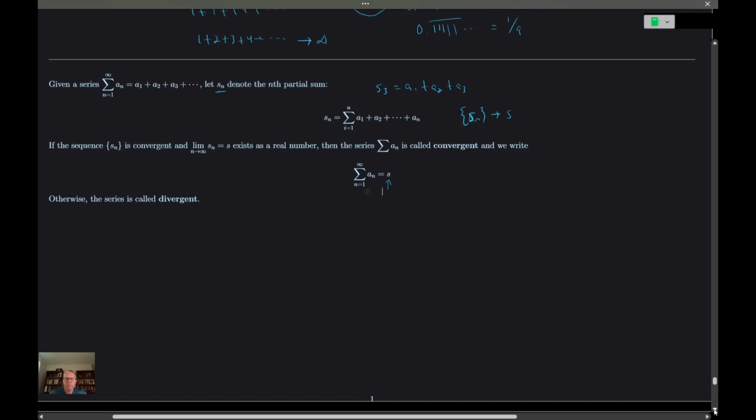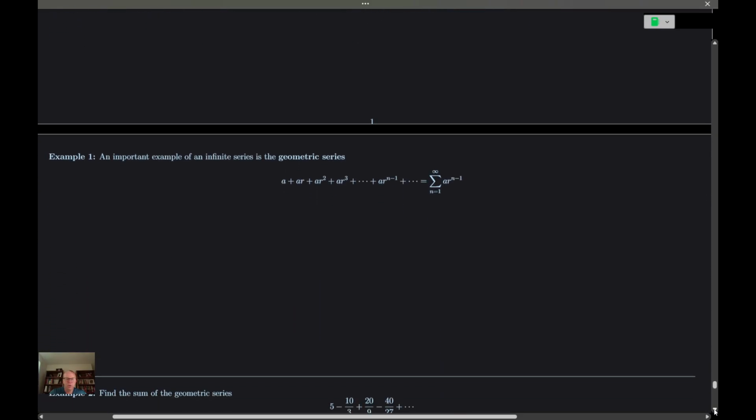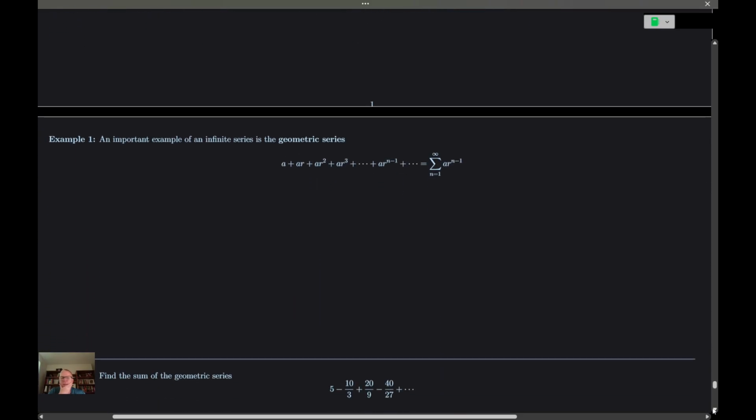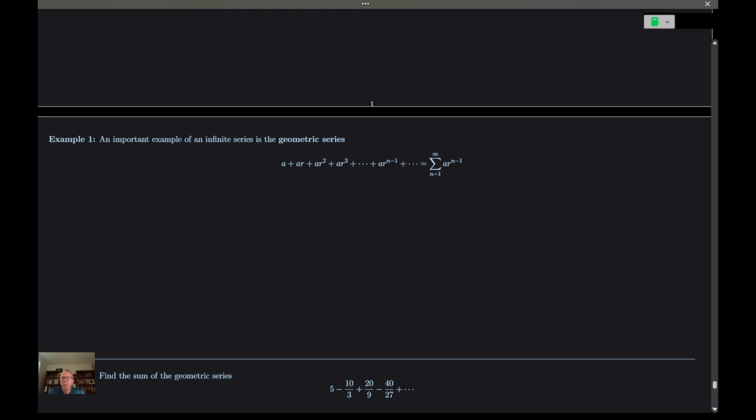So let's look at one example, what's called the geometric series. You've probably seen in an algebra class or pre-calculus class a geometric sequence. For instance, we could say 1/2, 1/4, 1/8, 1/16, and so on. There are arithmetic sequences where you're adding a constant to each previous term.